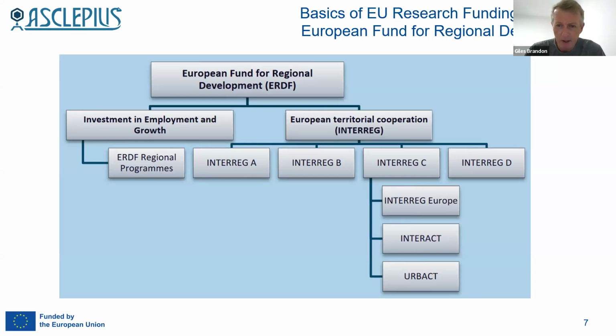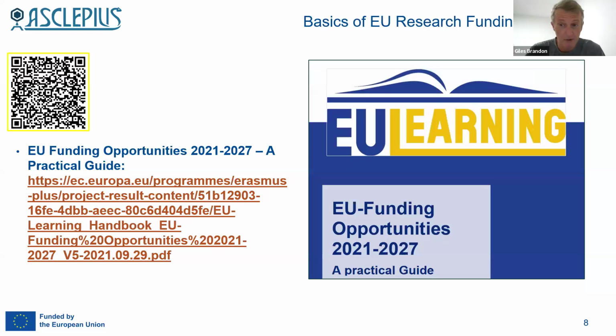Now, it's a very quick step through at a very high level there about different EU funding schemes. There are many, many more out there. What I would suggest, if you're interested, a few years ago, there was this guide published, and you see on the right-hand side of the screen part of the cover, EU Funding Opportunities 2021 to 2027.